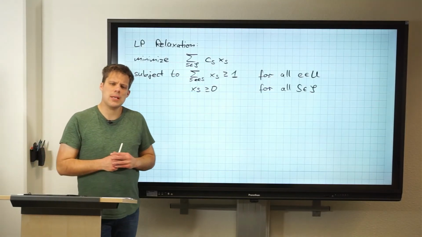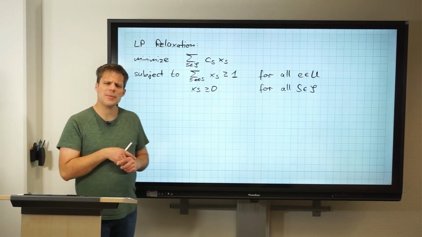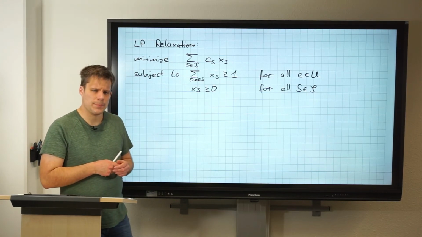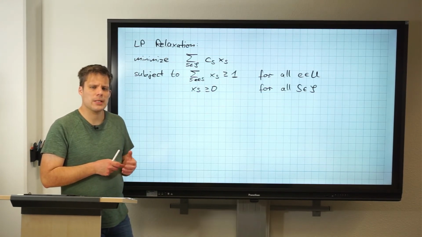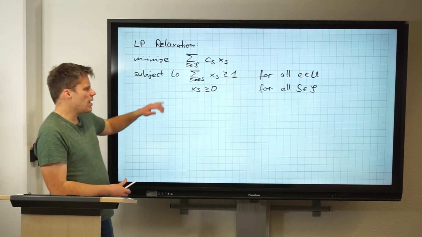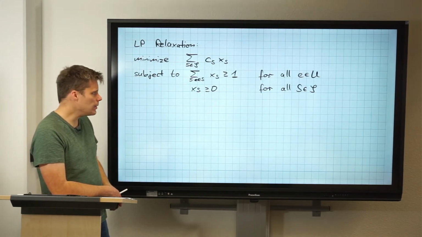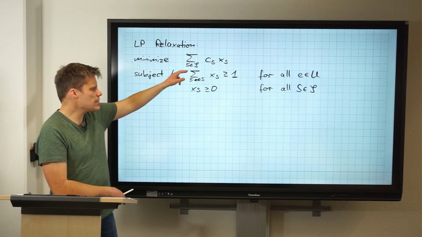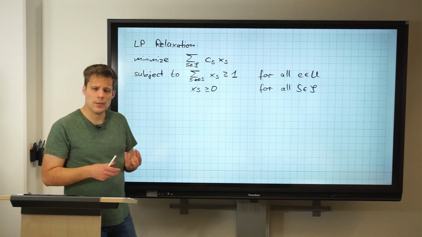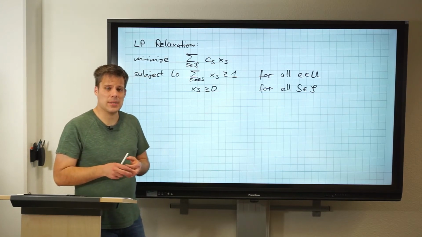So what does this now mean in the context of our online problem? In our online problem, as I was saying, these elements arrive one after the other, and whenever an element arrives, we get to know which sets it is contained in. And this has a particularly nice interpretation also in the context of this LP, namely, this constraint is what encodes what sets an element is contained in.